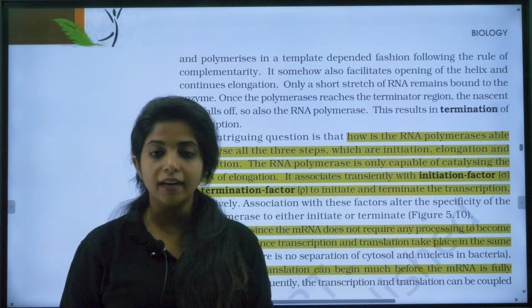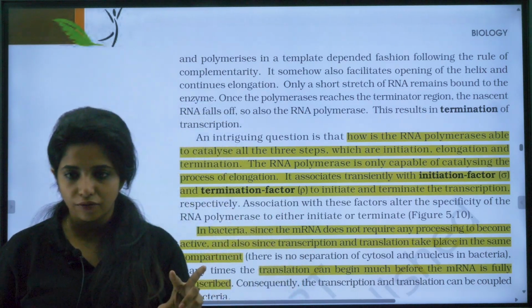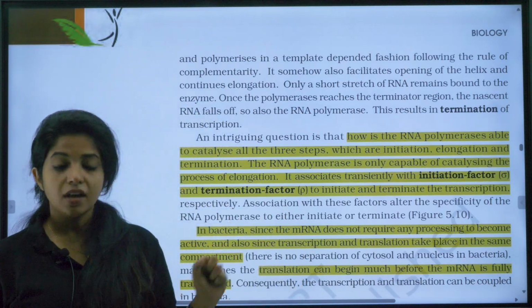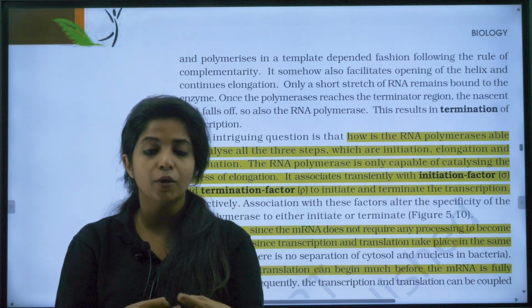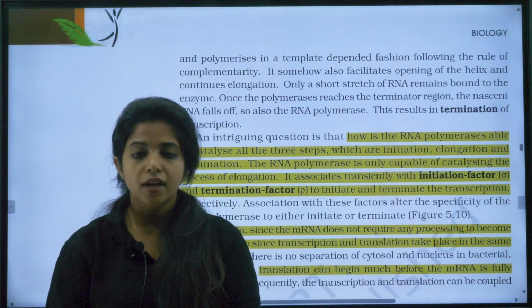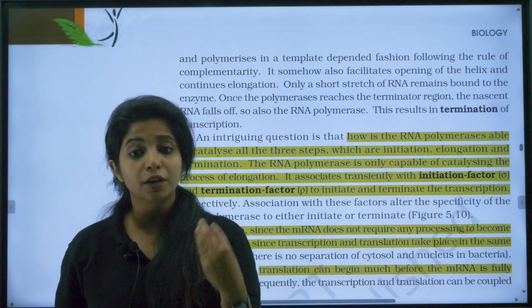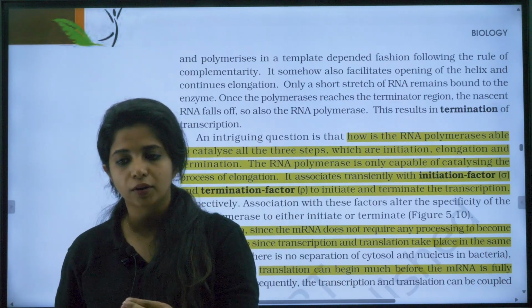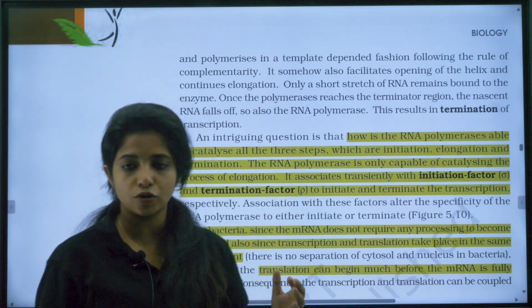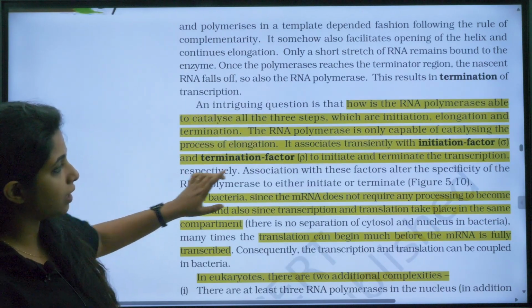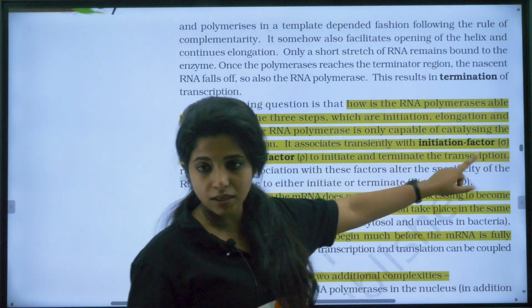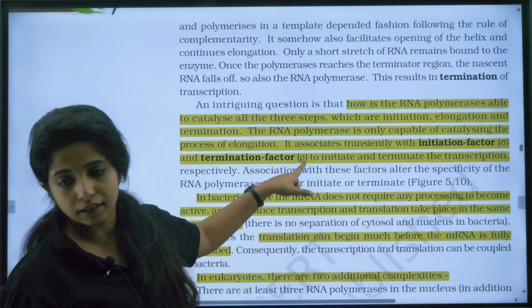So remember that there is a factor known as the initiation factor, which when it binds with RNA polymerase, that's when RNA polymerase can initiate the process of transcription. Now, there is another factor, the termination factor, and when it comes and binds to the RNA polymerase, that's when it can terminate the process of transcription. Please remember the names: initiation factor and termination factor.